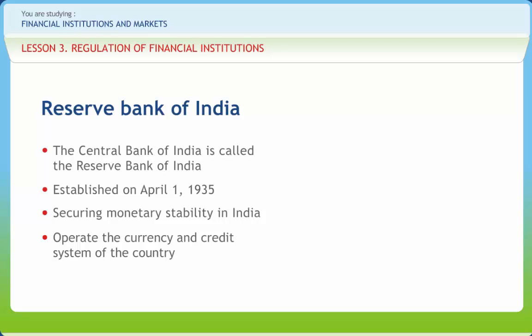RBI is responsible for implementing, formulating and monitoring the monetary policy of India. The RBI, since its inception, performs a wide range of promotional functions to support national objectives and generate goodwill among the citizens of the country.